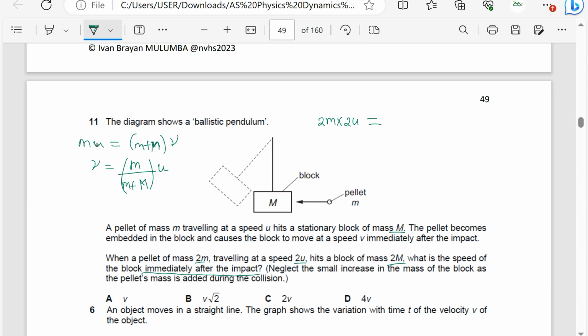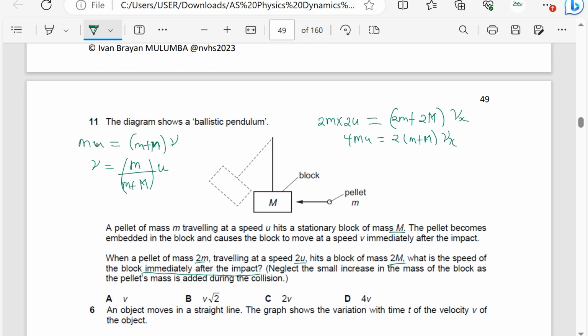Then after collision, if they stick together, the total mass becomes 2 small m plus 2 capital M, times, let the velocity here be Vx. So we have that 4mu is going to be equal to 2 into small m plus capital M times Vx.